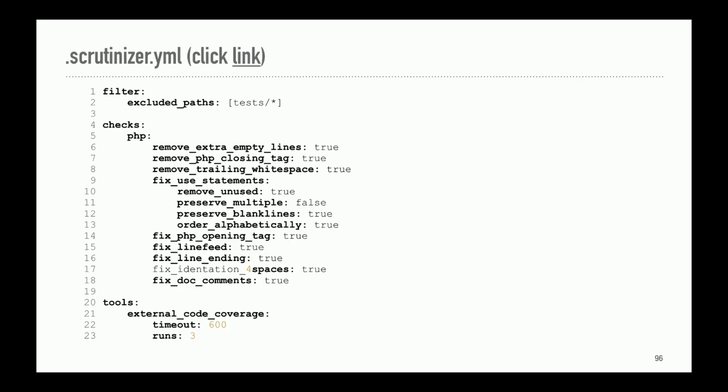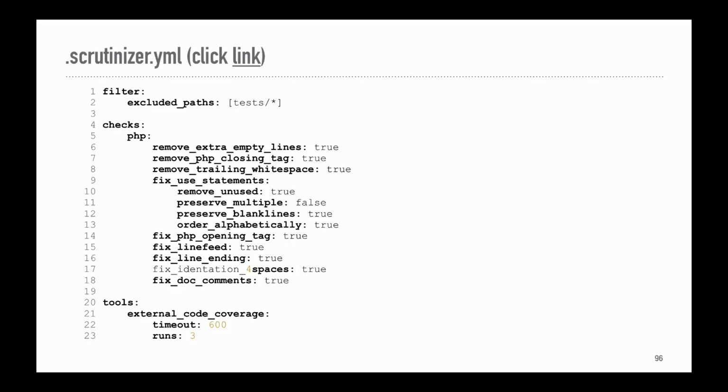Like, for example, you can say, okay, excluded paths: tests, because they are already considered in another tool. We can say, okay, check for PHP, if we have remove extra empty lines, true. Remove PHP closing tags for PHP files, true. So we define a set of rules to be followed on the code quality for Scrutinizer.